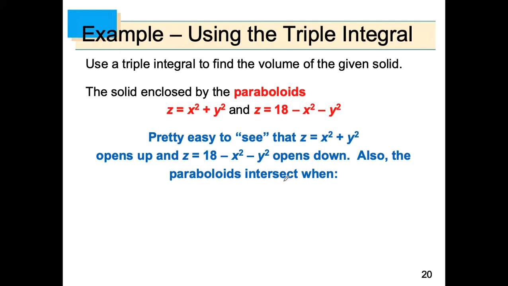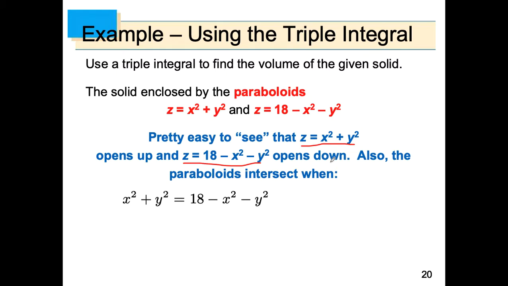Now that's going to be important because, and I'll draw a quick little picture in a moment, this one's going to open upward, and it starts lower than this one that opens downward. And they intersect when you simply set them equal to each other.